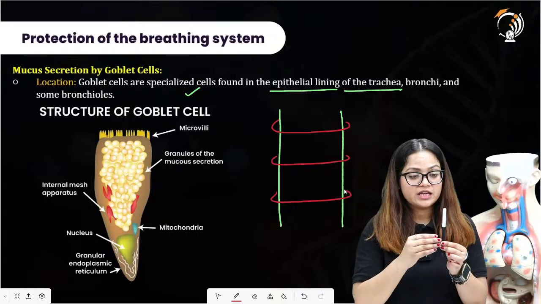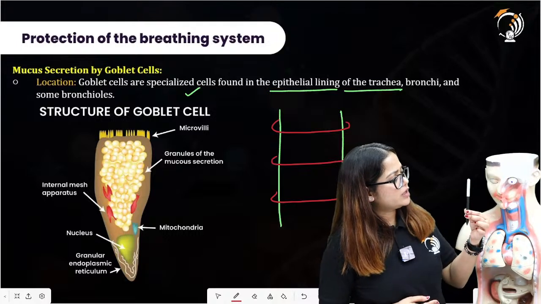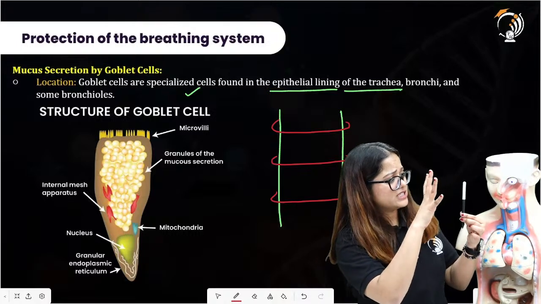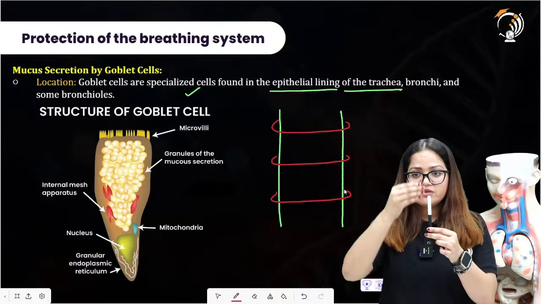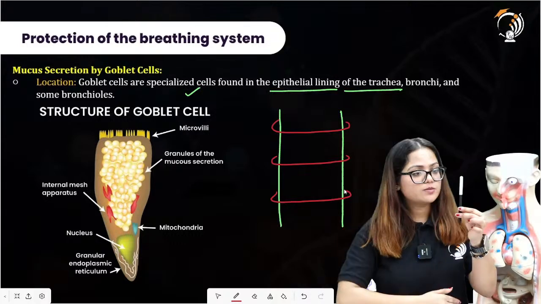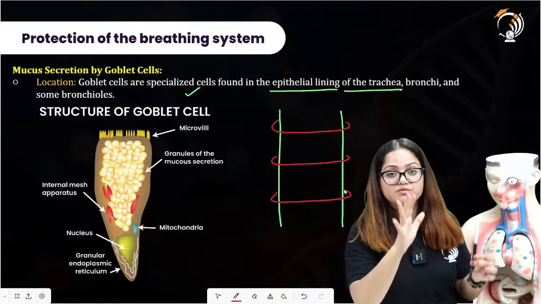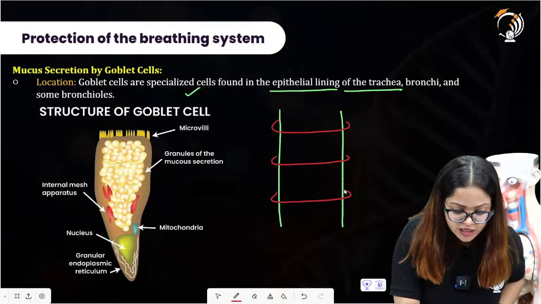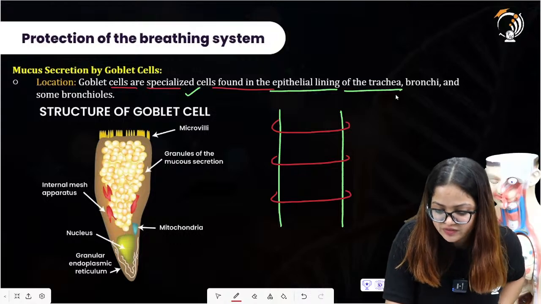If we cut it like this and observe it from the side, we are going to see a lot of sticky substance visible to our eyes. That is the mucus. So goblet cells are specialized cells found in the epithelial lining of the trachea.